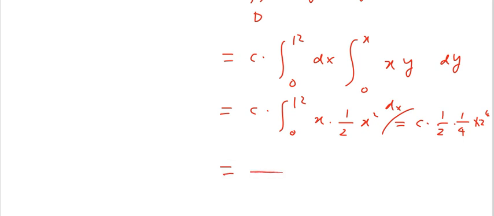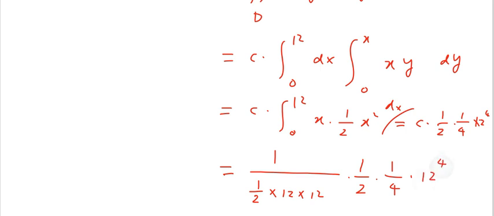So c is 1 over half of 12 times 12, multiplied by half times 1 over 4 times 12 to the fourth.